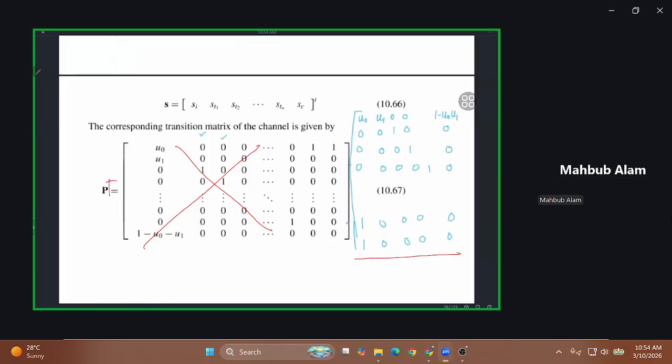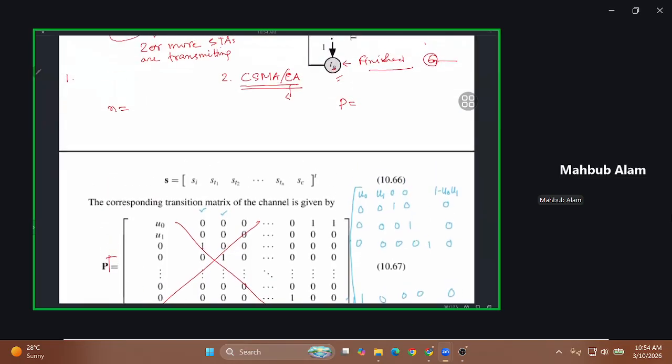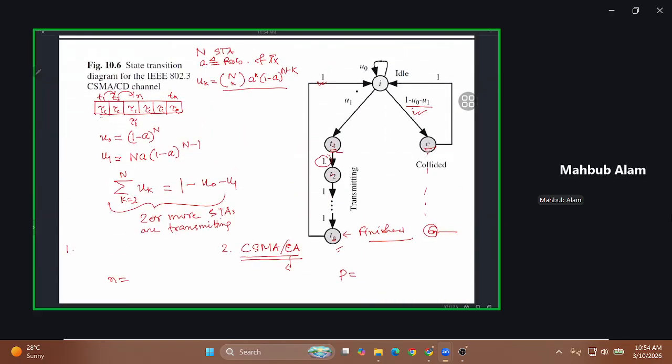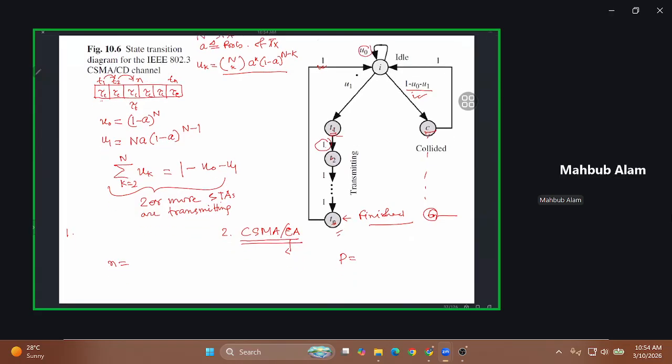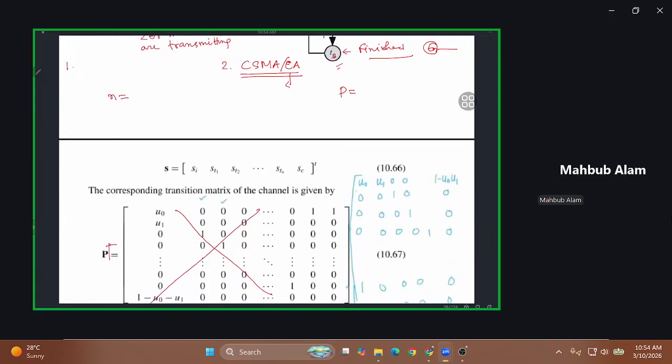Anyway, if we just consider when the channel is in idle state, what is the probability it will remain idle in the next state? That occurs with the probability u0. And so we have an entry u0.